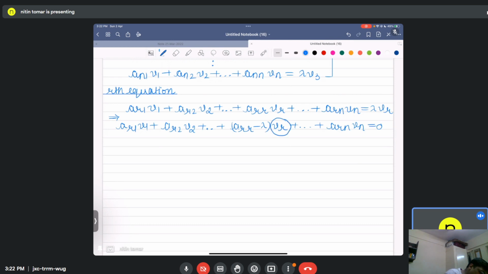Now since VR is non-zero, this implies ARR minus lambda VR is actually minus AR1 V1 minus AR2 V2, and up to so on and so forth, you'll have ARR plus 1 VR plus 1, let us put the plus in the bracket, plus ARN VN, right?